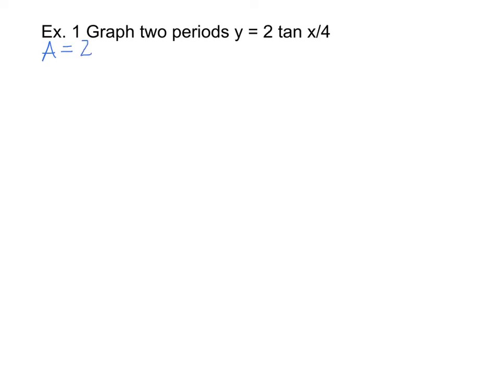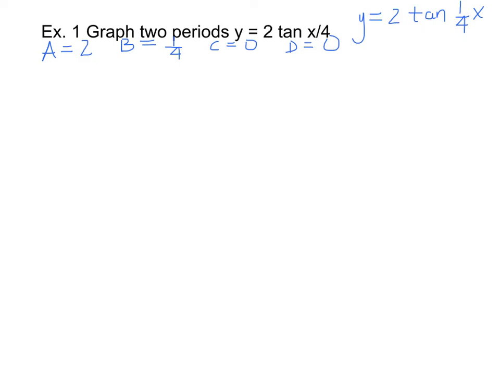Now I'll rewrite it like this, a 1 in front of that x, so it's like 1/4 x. So B is actually 1/4, C is 0, and then D is 0.